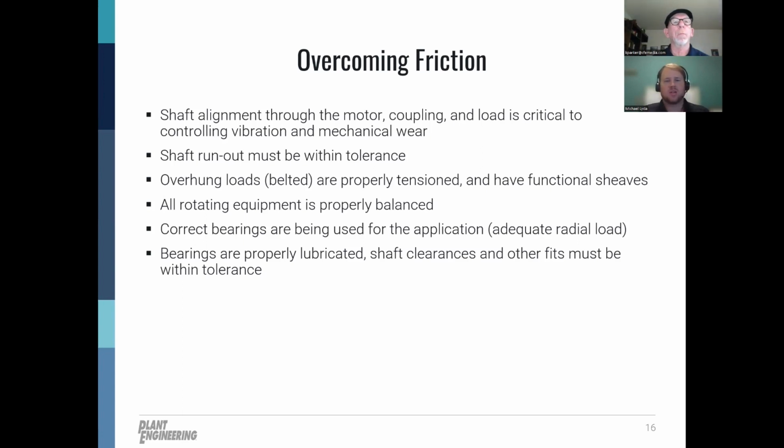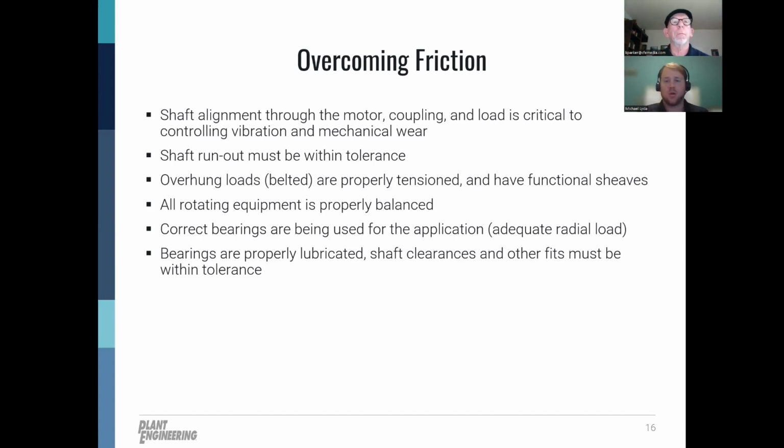But for lubrication, typically your product literature from the bearing manufacturer will give you specific details on lubrication type, how often, and how many run hours to be greasing your motors if they have fittings. If you have closed bearings, that's not really an option. But if the motor has open bearings and grease fittings, how often should you be greasing those bearings, and what is the amount of grease you need to be adding?